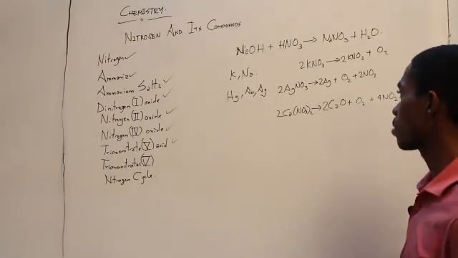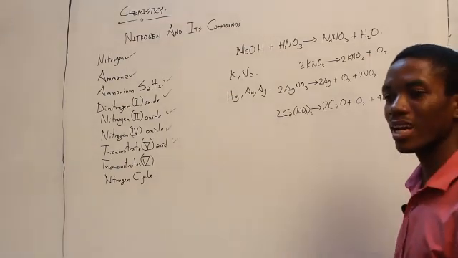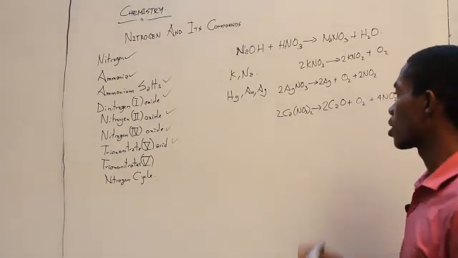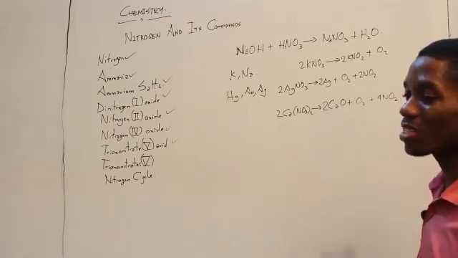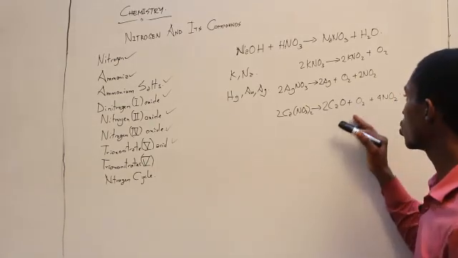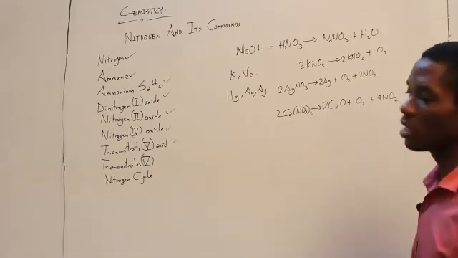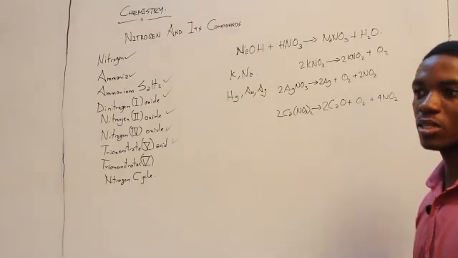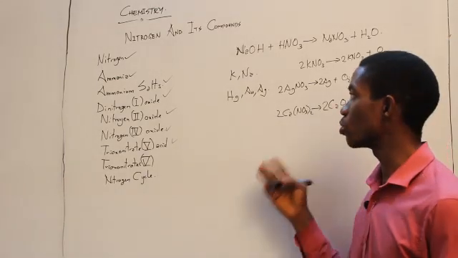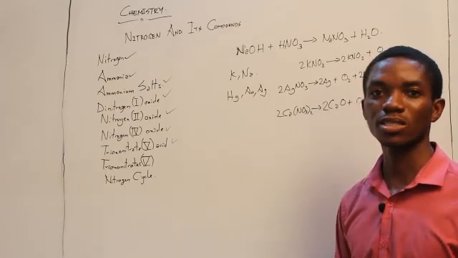While the ones with calcium and the rest of the other metals decompose to form the oxide of the metal, oxygen, and liberate nitrogen 4 oxide. So basically, this is what happens when you heat them to certain temperatures.